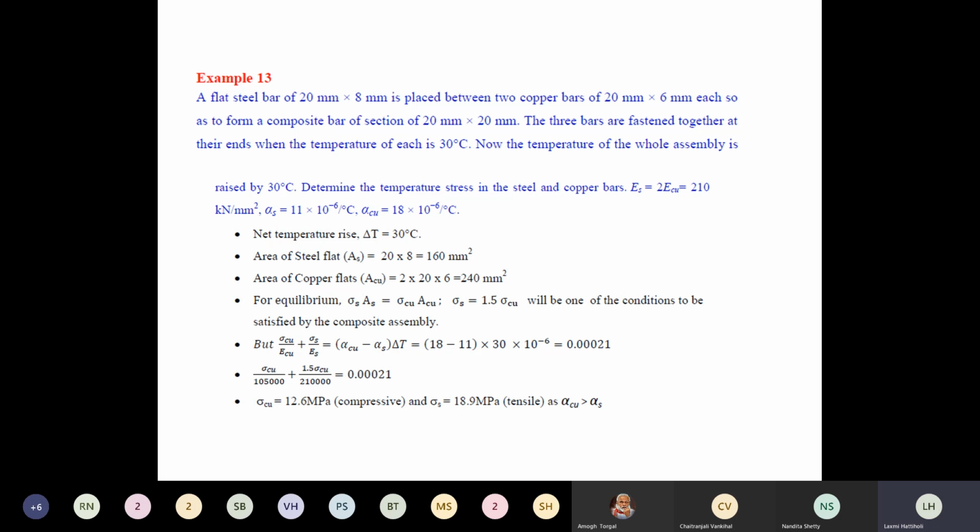Just remember my previous slides and tell me, how did I write compressive for copper and tensile for steel? On what basis?